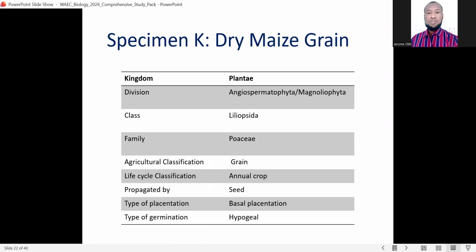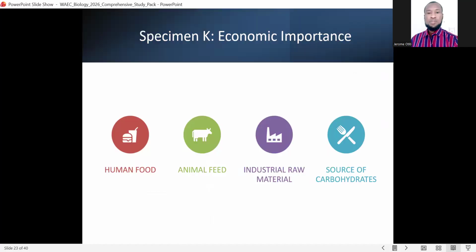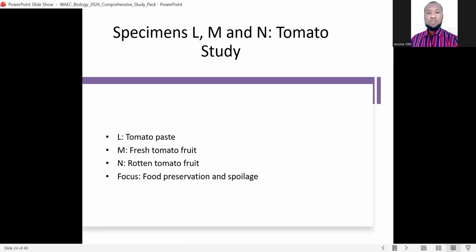If you want to know the family, that is a plus. The agricultural classification: you can call it grains, you can also call it cereals. Propagated by seed, type of placentation, type of germination, and the economic importance.